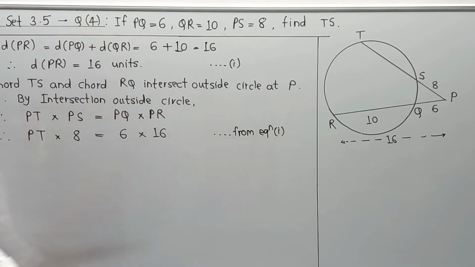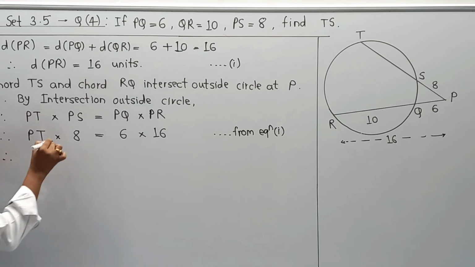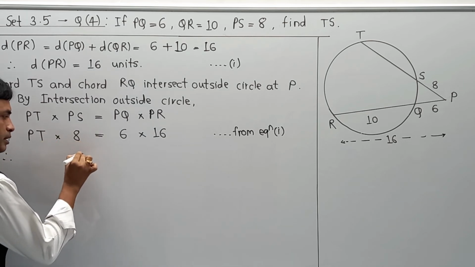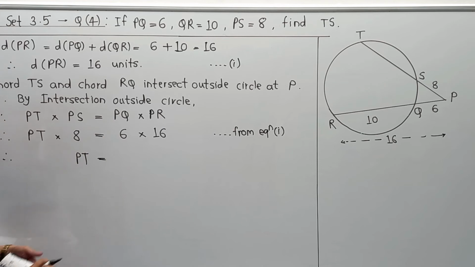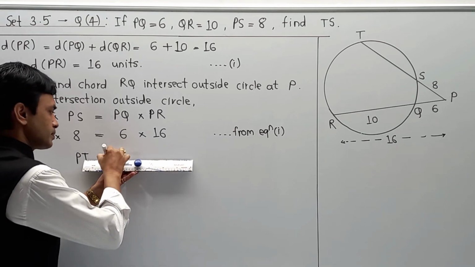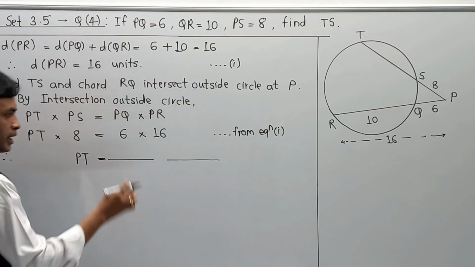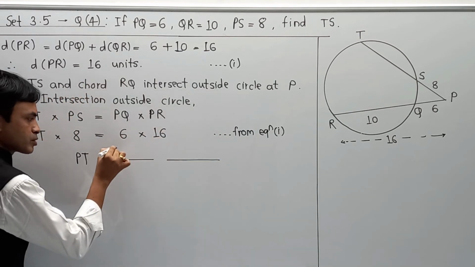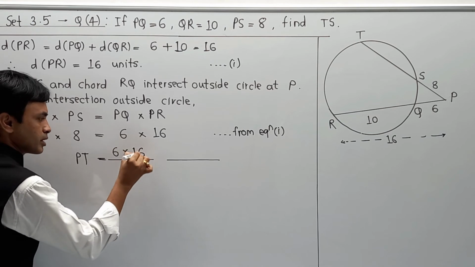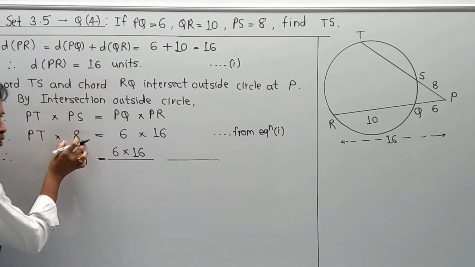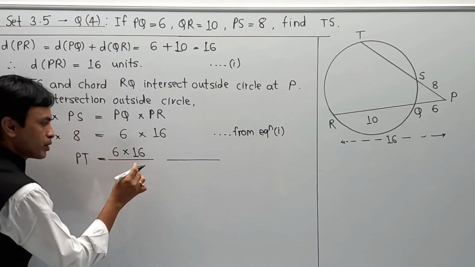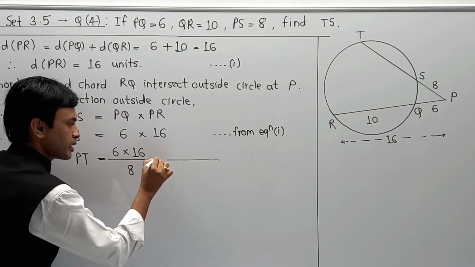Now next part, simplification. Therefore PT is equal to 6 into 16. Now this 8 is multiplied over here, so it goes to this side as divided by.